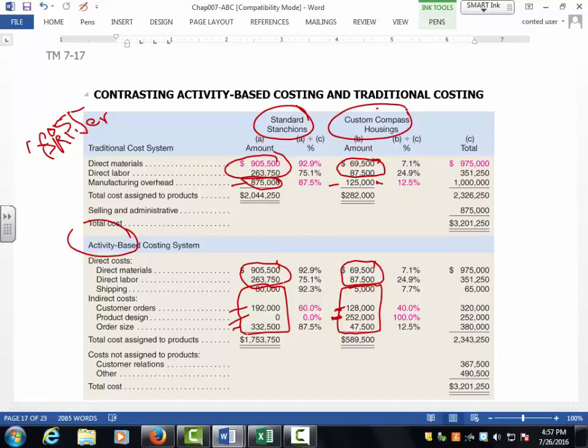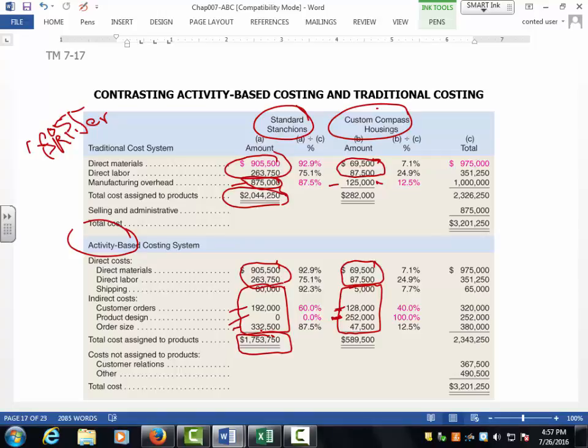So when push comes to shove, we're going to see that under the standard, the cost of making that product is a little over $2 million. But if we use activity-based costing, it's only $1.7 million. Here's the big deal. This is the whole point of the chapter.